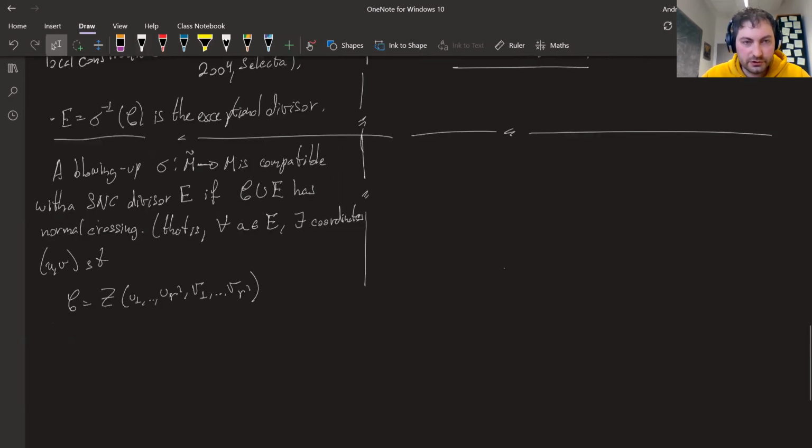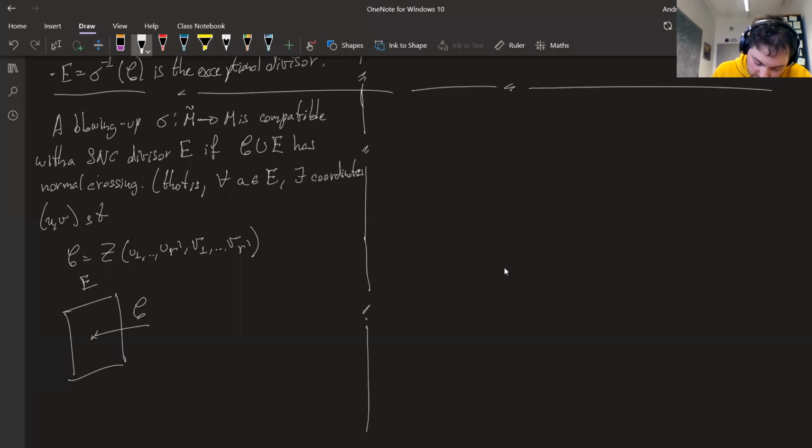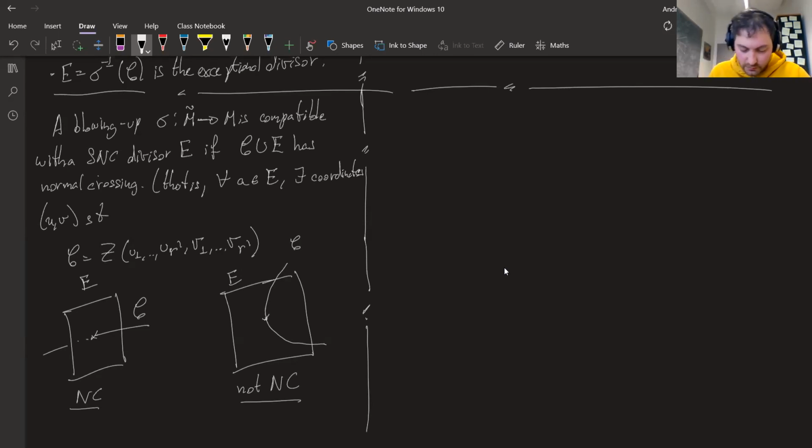So essentially what you want to consider here is the situation where you have a transverse crossing between the center and the exceptional locus, so it can be a curve like this that is cutting transversely. The situation you want to exclude is a tangency. Not normal crossings. Normal crossings, at least for the centers here. So we say that it's compatible with E.